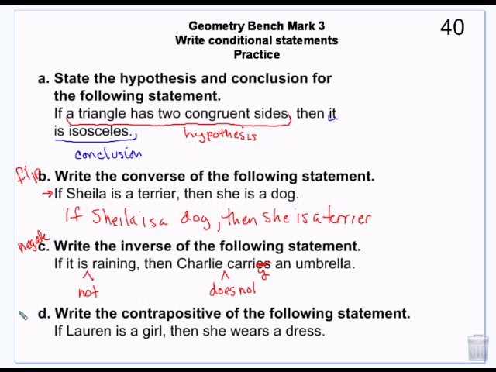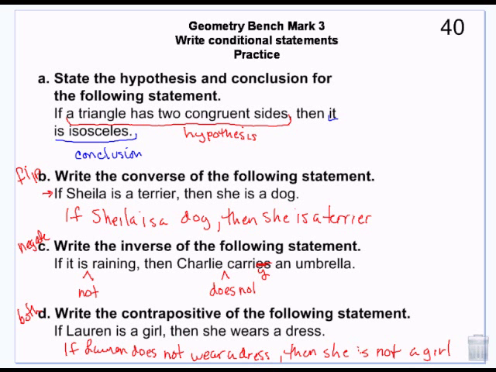Okay, and then contrapositive is both. This one you'll have to say, okay, if Lauren does not wear a dress, then she is not a girl. Is this true? No. Right? Because I'm looking around.